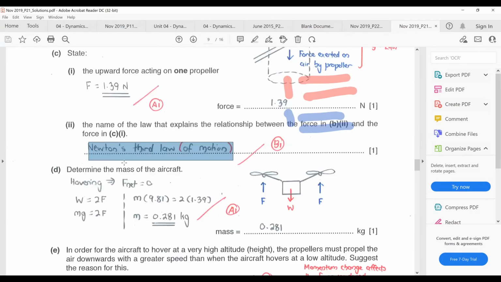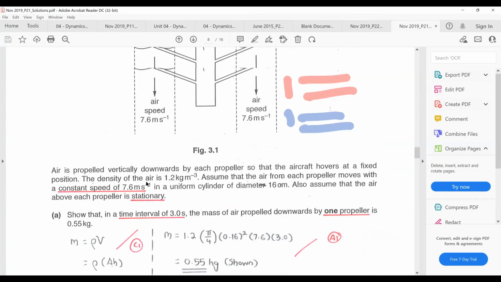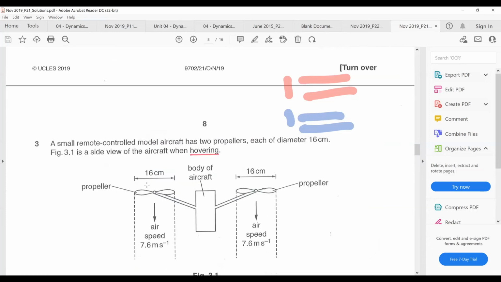Now, the aircraft is actually hovering. They told you that this is the side view of the aircraft when it is hovering. The word hovering here means you're not moving up or down.